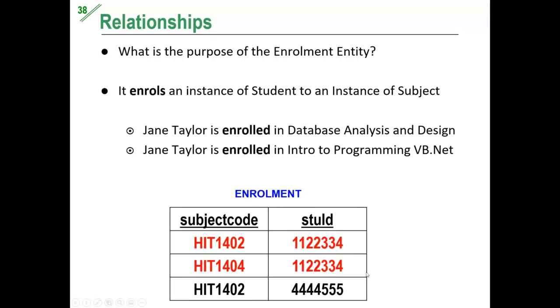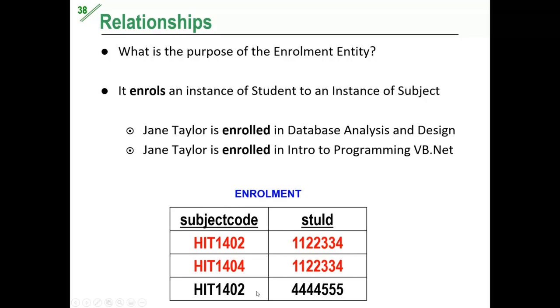There is actually a problem in this model, right? We will learn these problems later on, because we need to first learn the basics. The problem is, if this student fails one subject in this semester, she can't enroll again, because we can't repeat these two combinations in the same table.